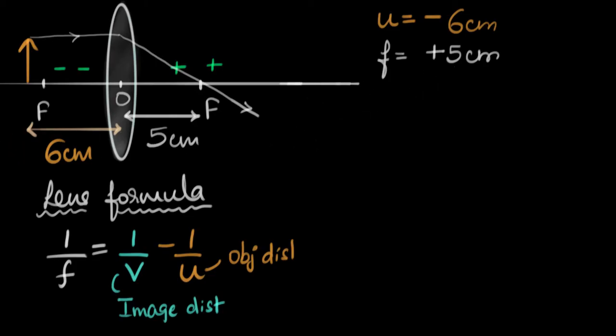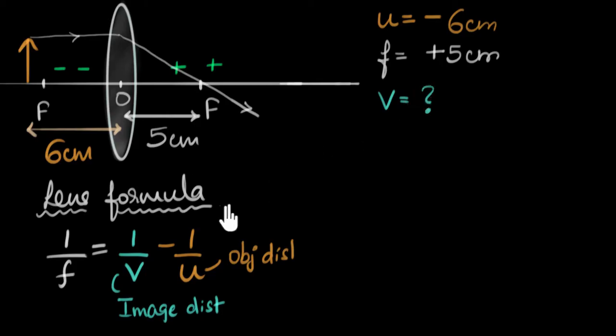All right, what we need to find out is what the image distance is going to be. So we just have to substitute and do the algebra. Great idea to pause the video and see if you can try this yourself. All right, let's do this.